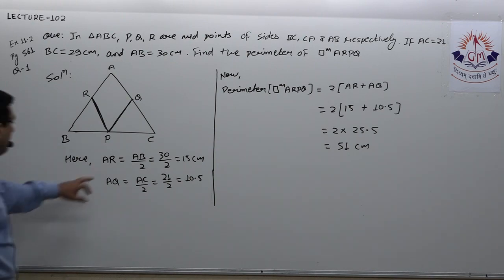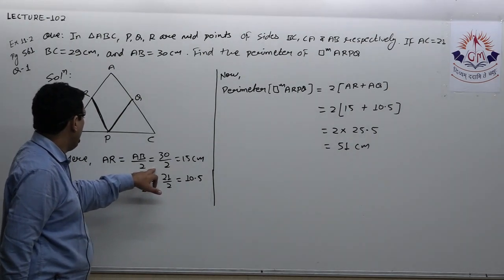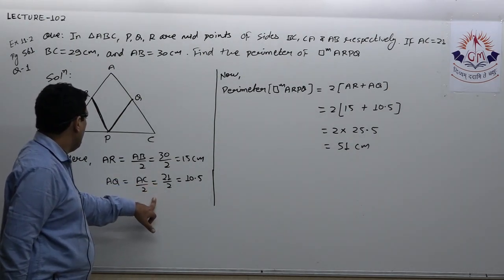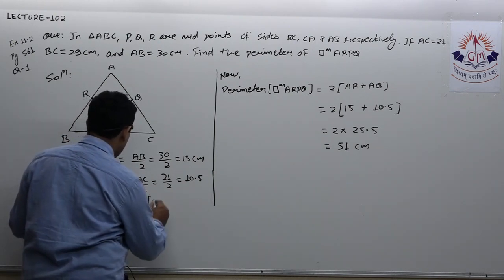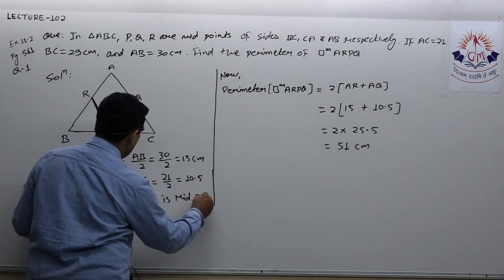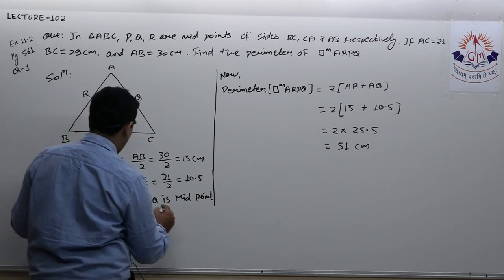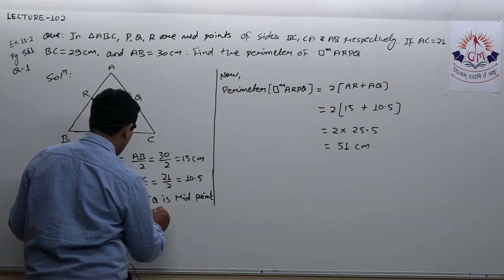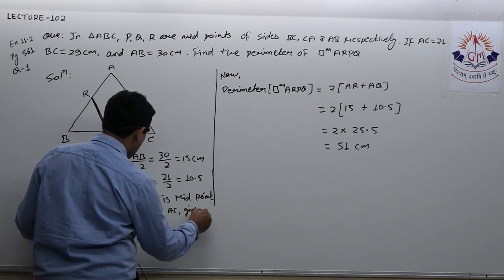Here you can write a reason, that is, as R is the midpoint of AB, given. And over here, the reason is Q is the midpoint of AC, that is given.